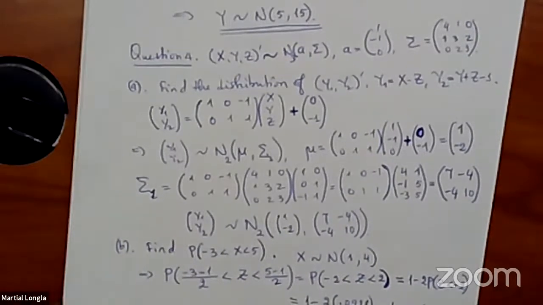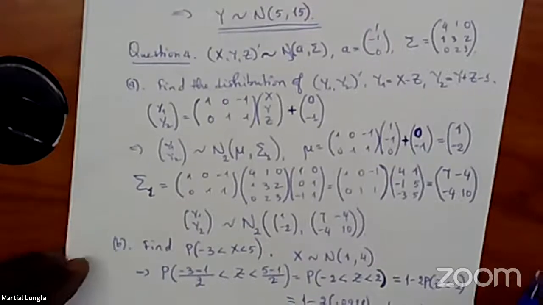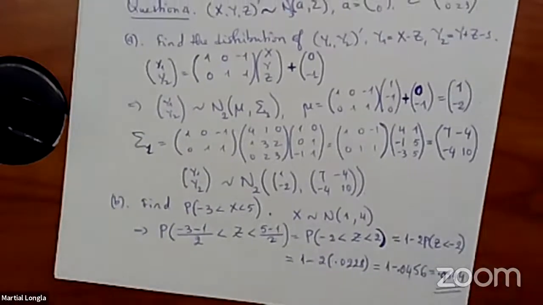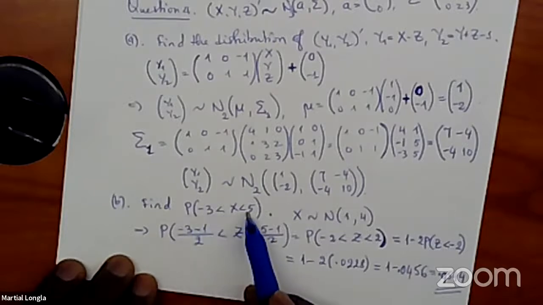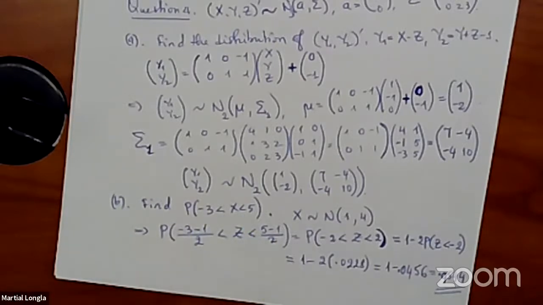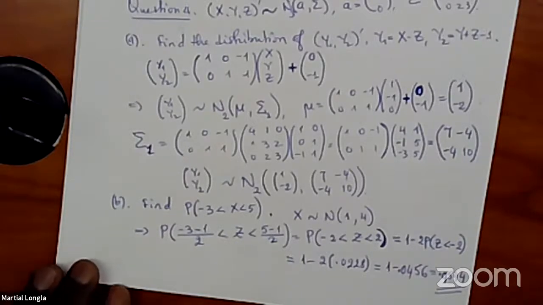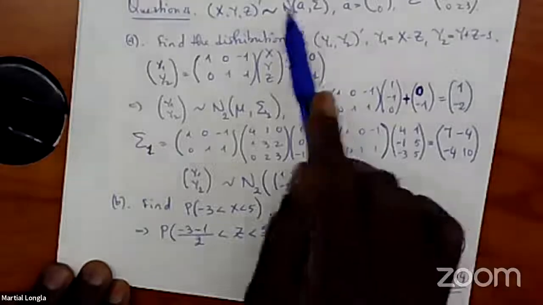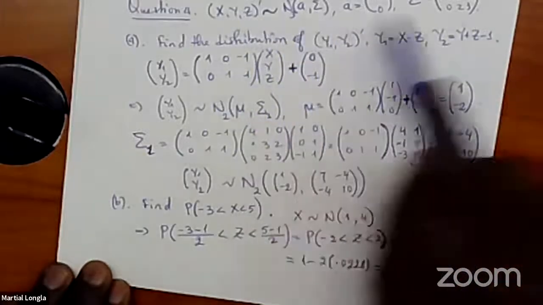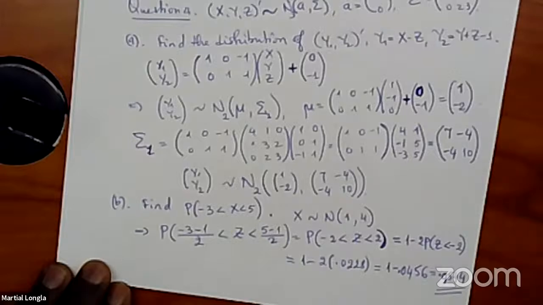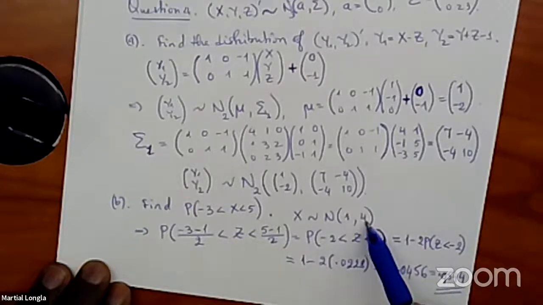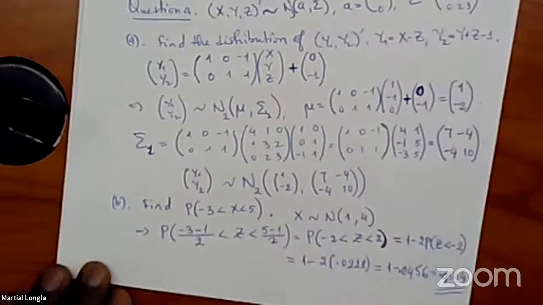That's it for the first part. Now, the second part of the question asks you to find the probability that X is between -3 and 5. X, not Y1, not Y2, but X. And the distribution of X is given in this matrix. X is normal with mean 1 and variance 4 given in the table.